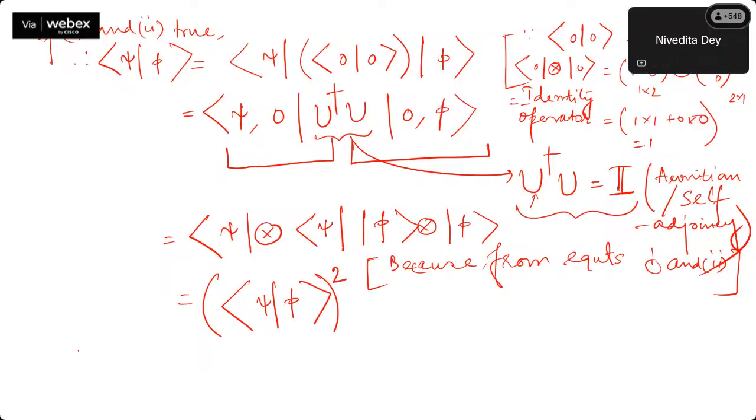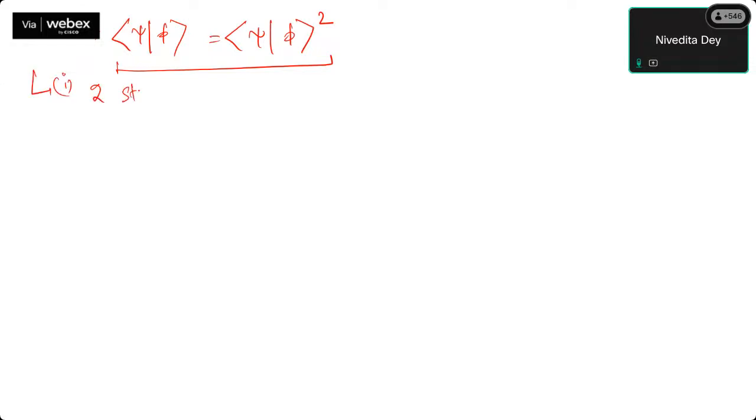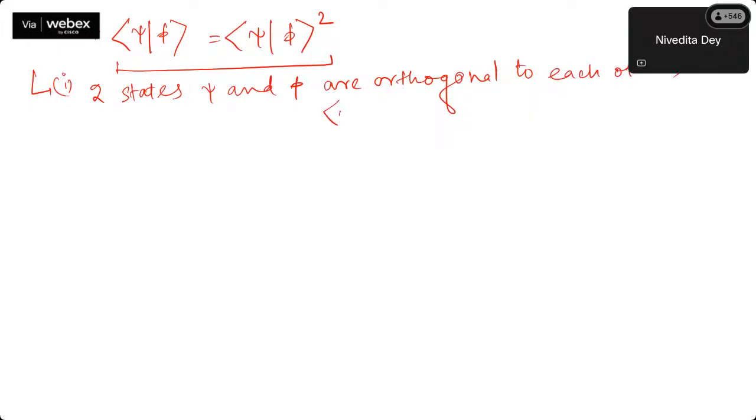Now, when this psi phi is equal to psi phi squared, this will only be true if the two states psi and phi are orthogonal to each other. That is, the inner product of this is basically 0.